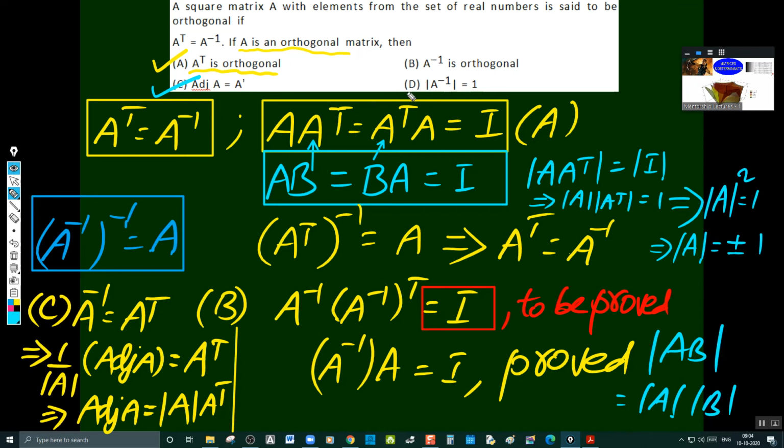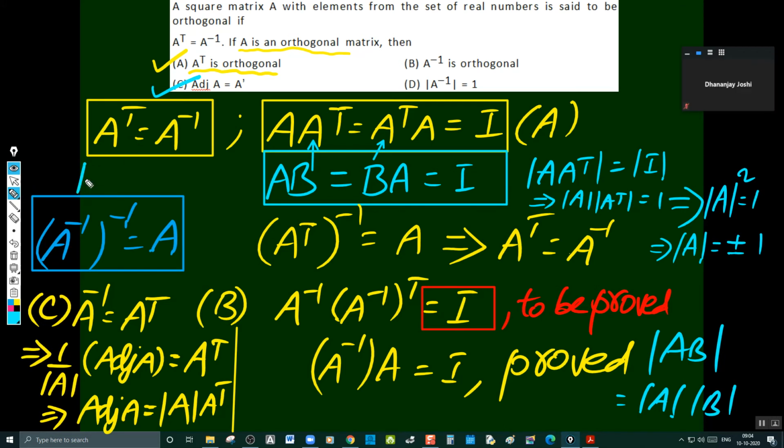So what about D here? Det of A inverse is equal to 1. So A inverse is A transpose. Obviously it happens, because det A we got is plus or minus 1 now. When you take det on both sides of this, are you with me? Yes sir.